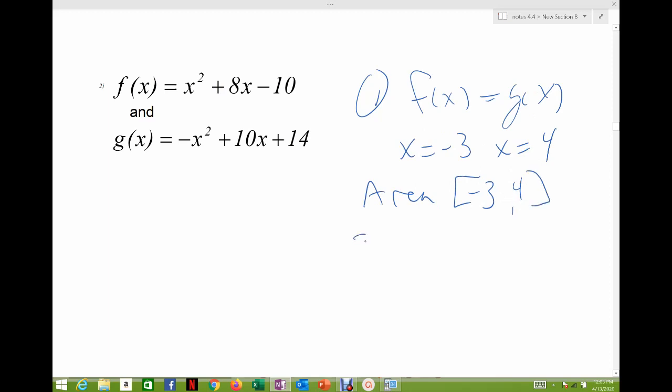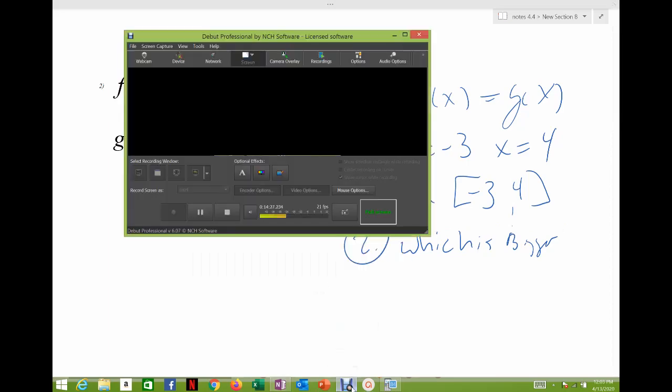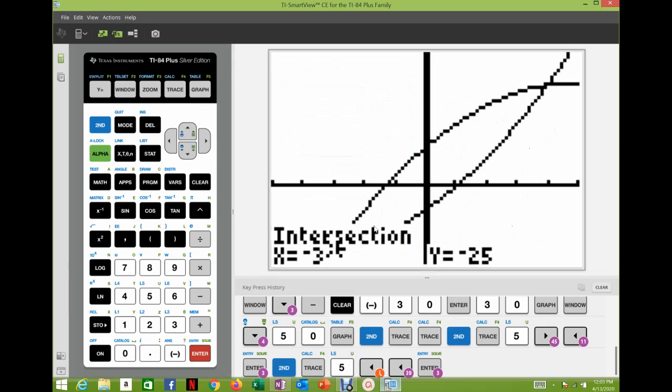The second thing is to figure out which function is bigger. Which again I can do graphically. If I look at the graph of my function, there's the parabola that's opening down, there's the parabola that's opening up.